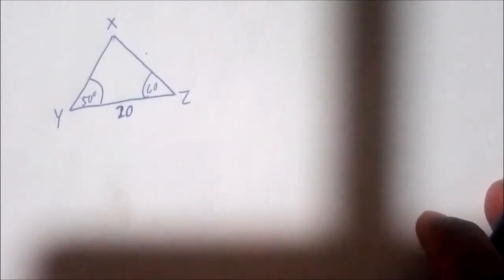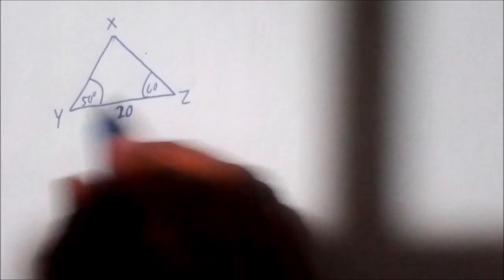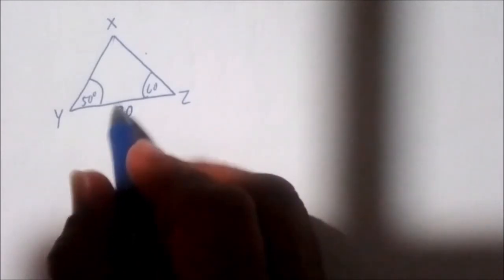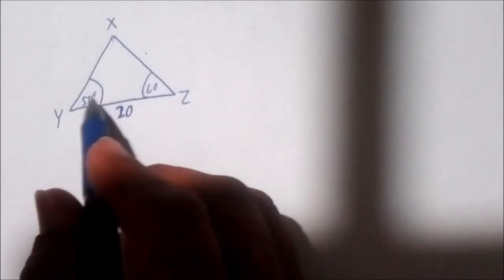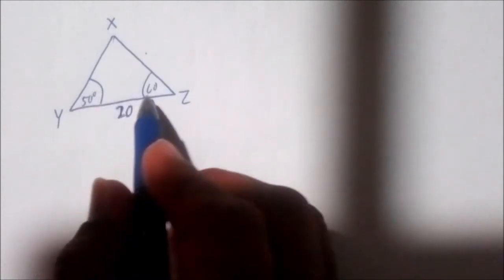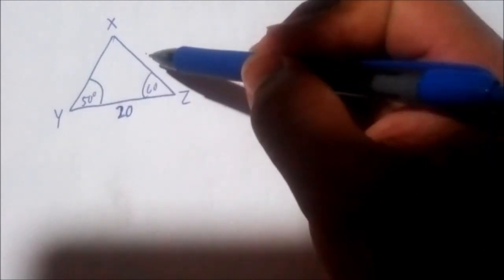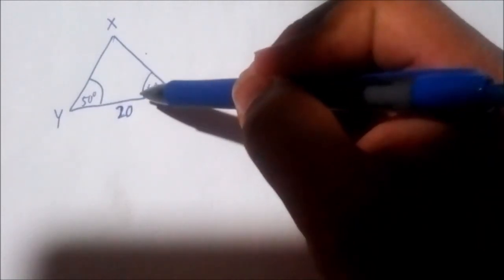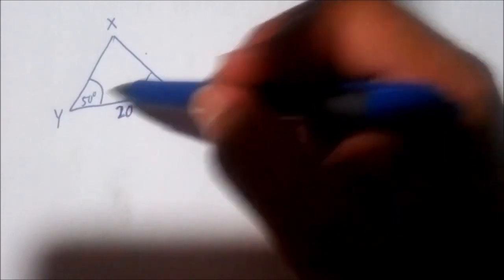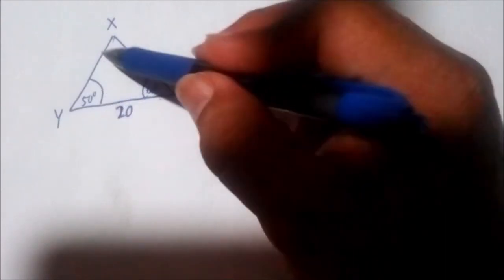Well, according to the sine rule, you need to know two sides and one of the angles to find the other angle, or two angles and one side to find the other side. Based on this, we do not have any side with a known opposite angle.